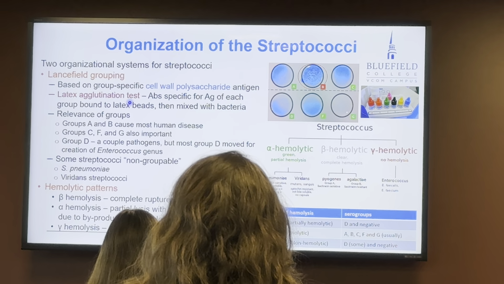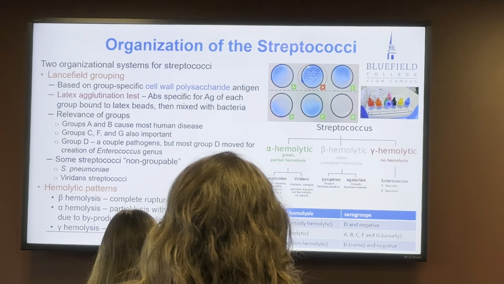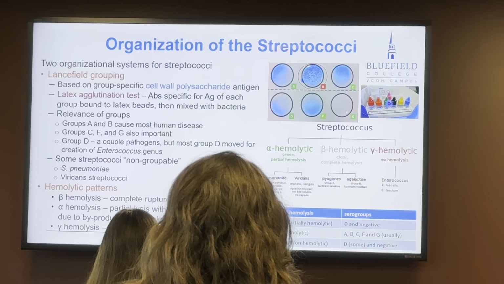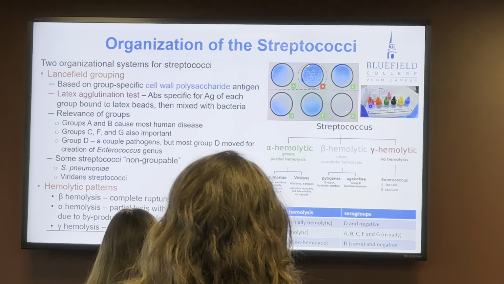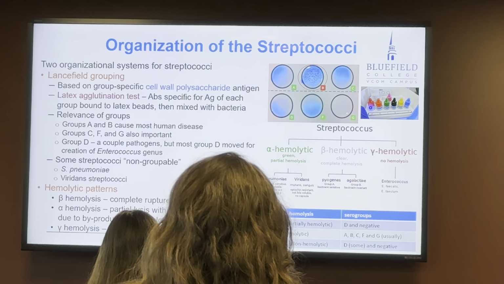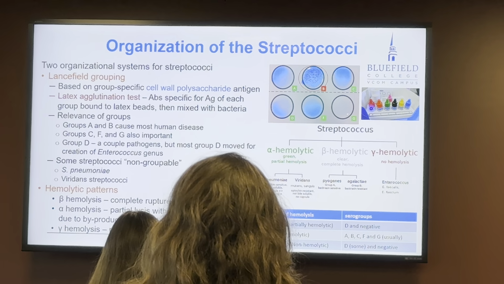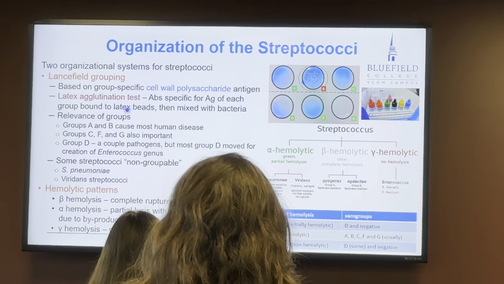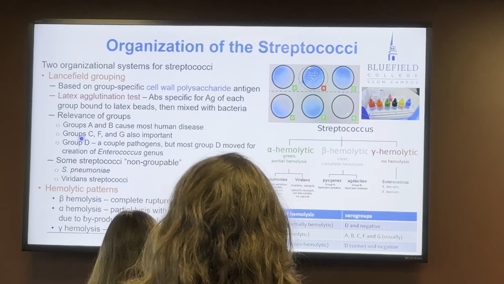So this is through an agglutination test, because in each of these little vials, there is a latex particle that those antibodies are linked to. So in the red tube, it's going to be an anti-group A antibody. For the Lancefield grouping, you have groups A through G. Each of those letters is a different antibody specificity.